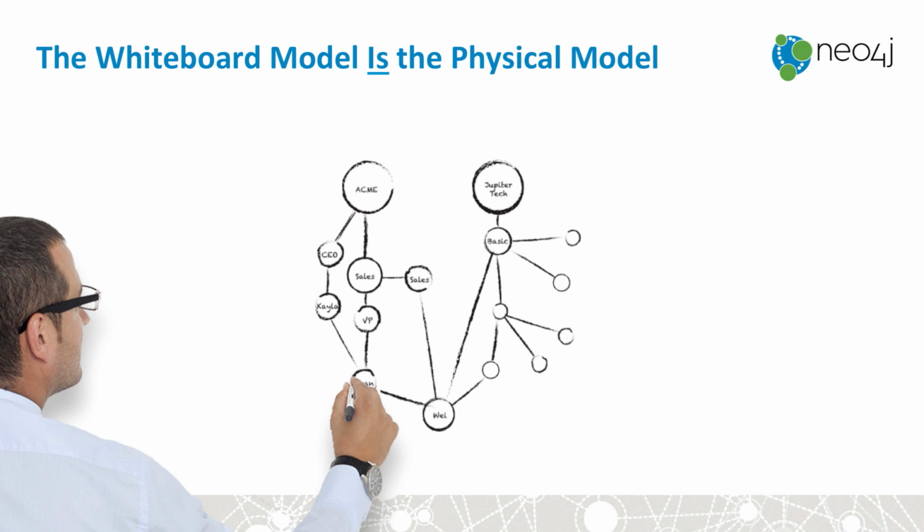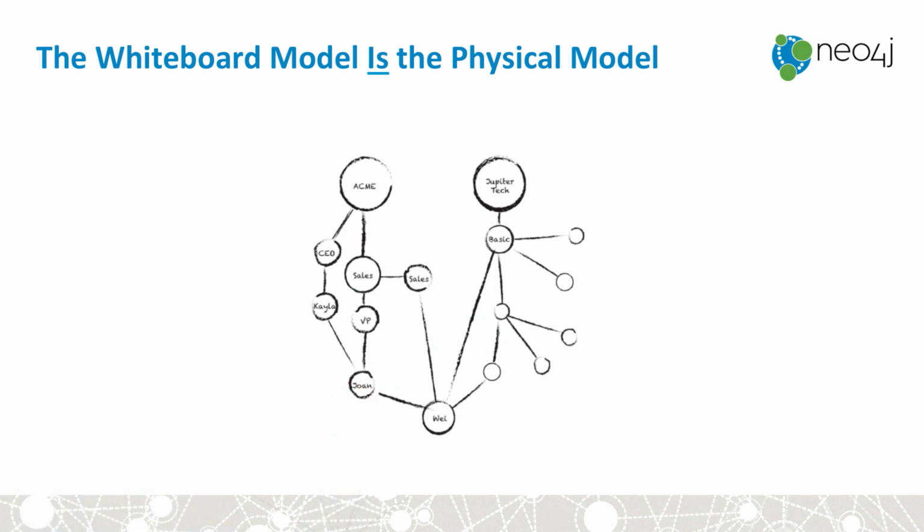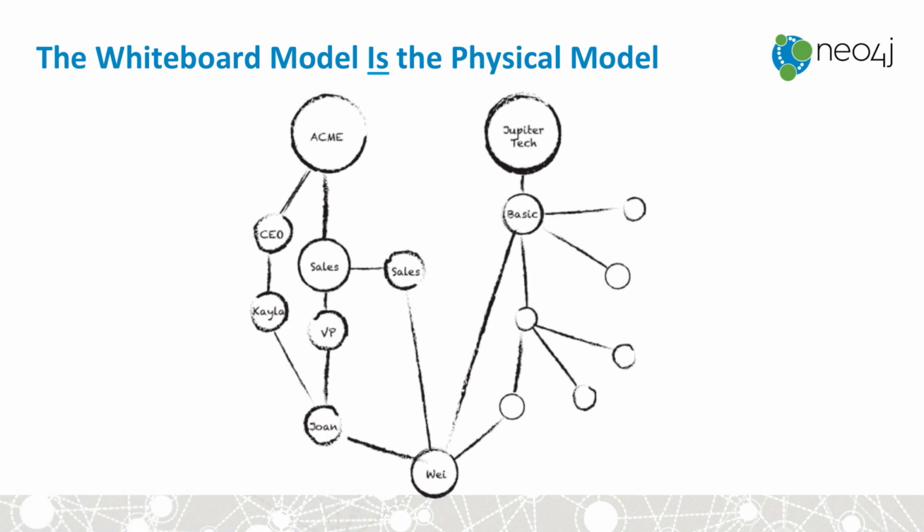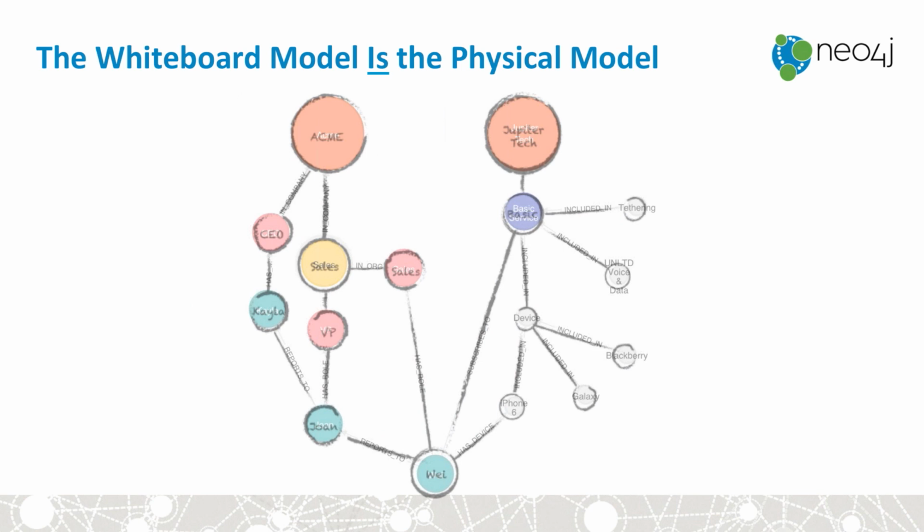The way that you design your business processes on a whiteboard, the way that you design your data on a whiteboard, even for the business person who is non-technical, is the exact same way as the engineers go about implementing that model inside of a graph database.